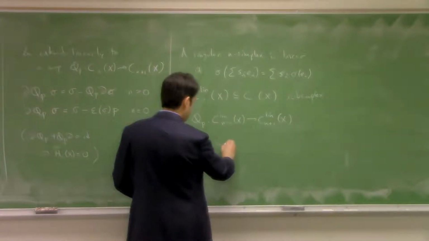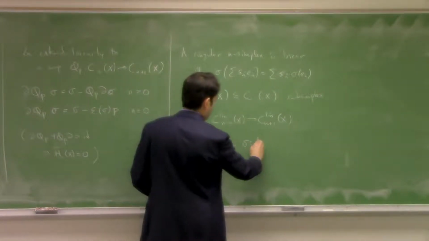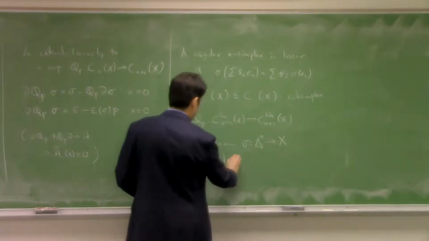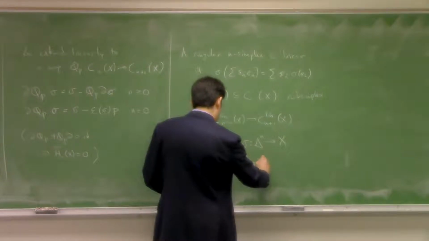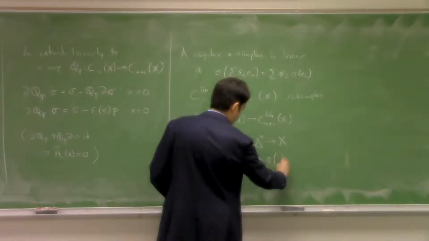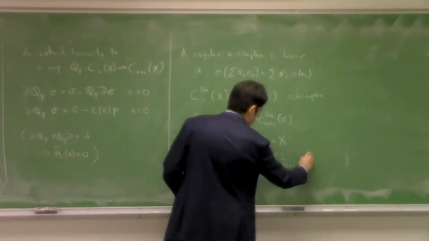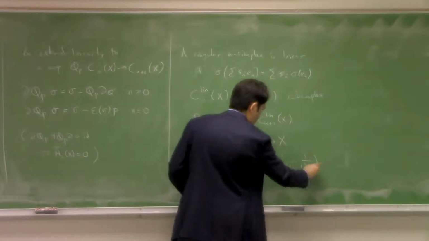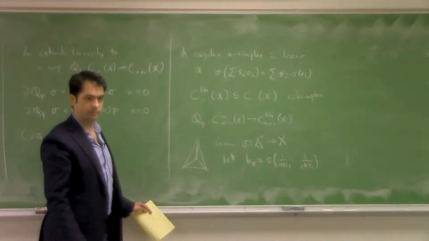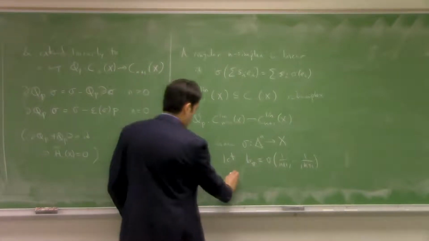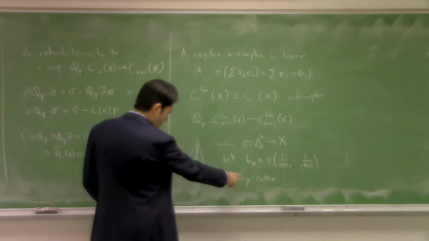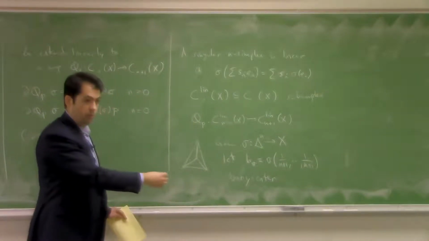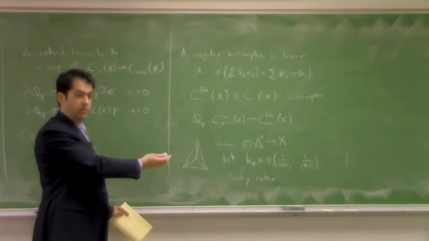Given sigma, let B_sigma be sigma of the point with equal weight in every direction. This is called the barycenter, bary coming from the word for weight. So it's just the center of weight.